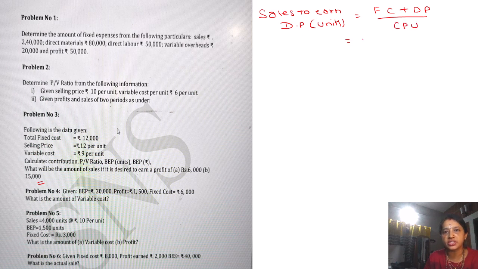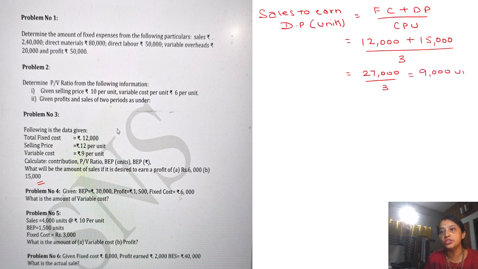How much is the fixed cost? 12,000. How much is the desired profit? Now you require a desired profit of 15,000, divided by 3. So this is 27,000 divided by 3. So you have to manufacture 9,000 units to get a profit of 15,000 rupees.